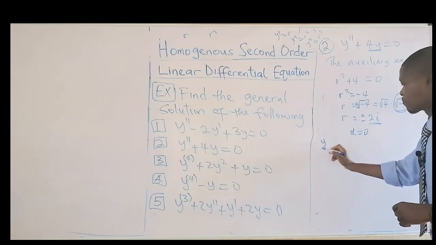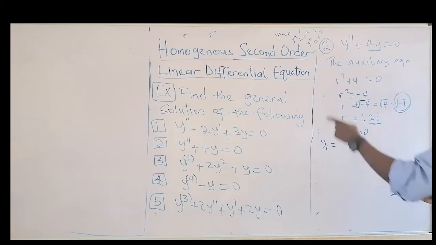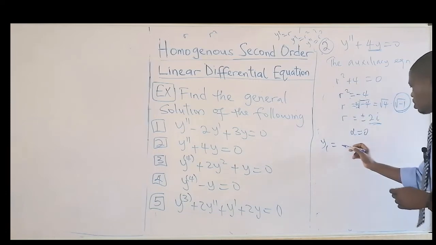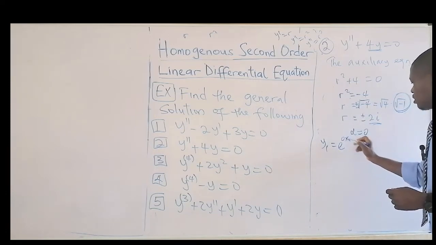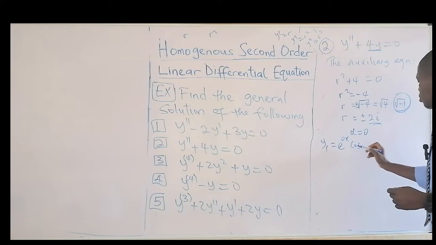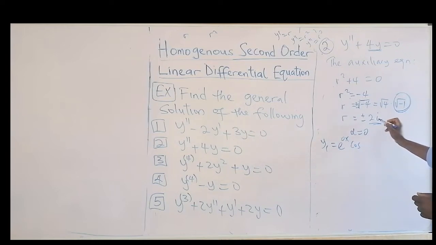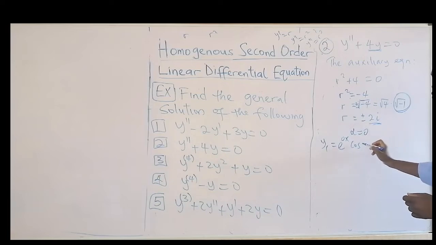So the solution y1 of the differential equation will be e to the alpha x times cos of beta x, where beta is the coefficient of i, so cos 2x.